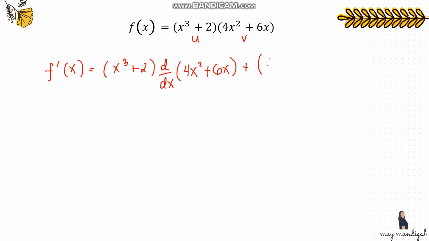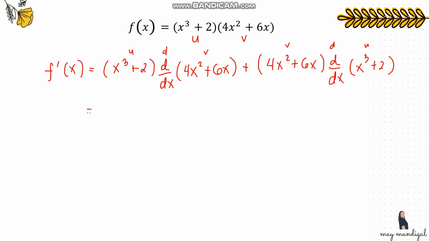So copy v, which is 4x squared plus 6x, and then du, or get the derivative of u, which is x cubed plus 2. Again, what we applied here is the pattern for our product rule, which is u dv plus v du. Before you do this, you have to identify first which one is the u and which one is the v.